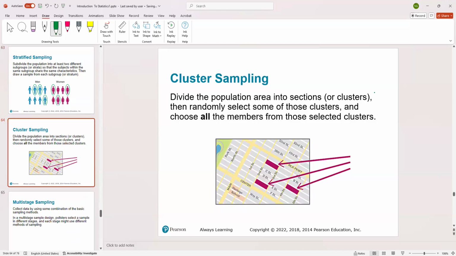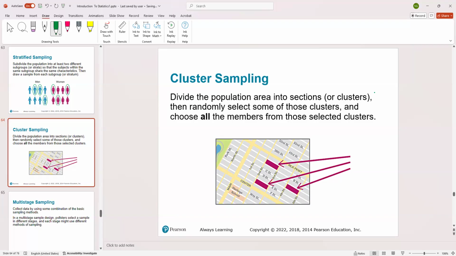Next, remember, as we said, those are all different sampling techniques to collect data, besides doing a simple random sample. So, cluster sampling. With cluster sampling, we first divide the population area into sections.